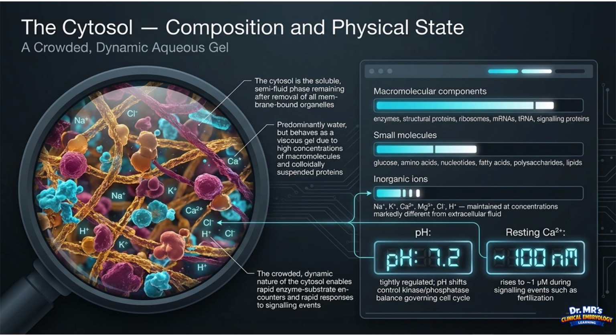Calcium is perhaps the most important. At rest, cytosolic calcium concentration is approximately 100 nanomolar, vanishingly small. But during fertilization, that concentration spikes to approximately 1 micromolar, a tenfold increase. And this spike is not a single event, but a series of repetitive calcium oscillations that are absolutely required to activate the oocyte.